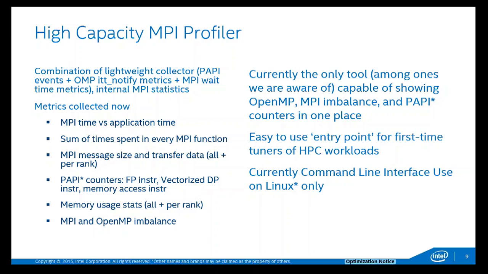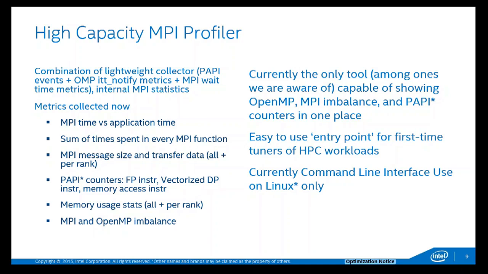In addition to that, it adds some wait time metrics for MPI, so it knows when you're starting an MPI call, when you're ending that call, and if you're doing some sort of long wait in between due to some internal factors. Maybe you're blocking on a collective operation or something like that. And then it also adds some internal MPI statistics.